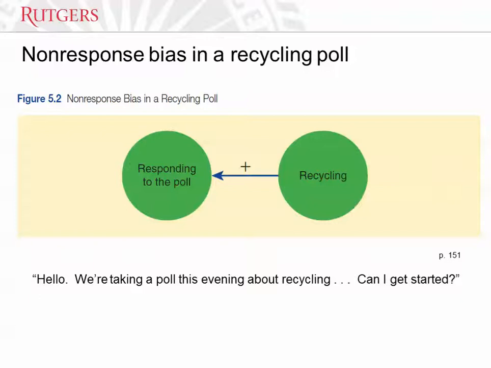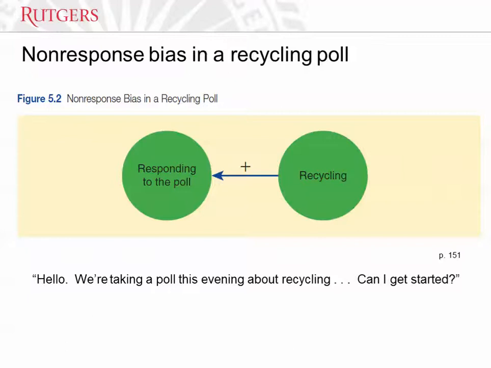I just wanted to give you a sense of the general issue of non-response, which is increasingly a problem in a lot of research these days. Some telephone surveys nowadays have response rates under 20%, sometimes even around 10%. Internet surveys typically have response rates of around 10%, and mail surveys also have low response rates, around 30%.